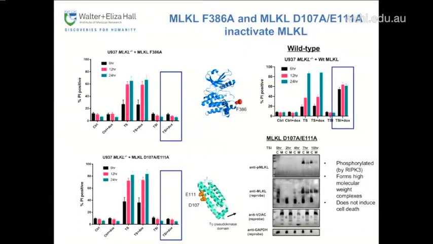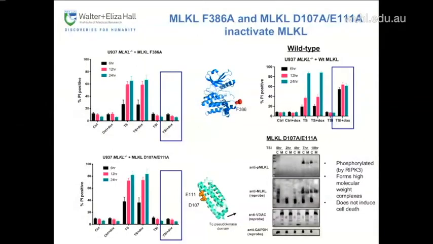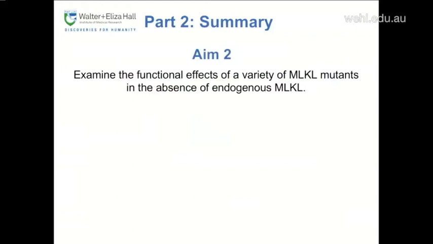And they don't cause cell death, which is an unusual situation, that we see a protein that can be phosphorylated, can form high molecular weight complexes, can go to the membrane, but doesn't induce cell death.